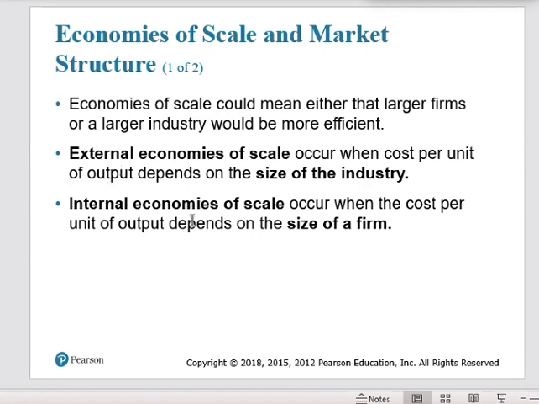Well, internal economies of scale happen when the cost per unit of output depends on the size of the firm. As we discussed before, the larger the size, the more you produce, then the fixed cost will be lower. I mean, the fixed cost is not lower, but the fixed cost shared by each unit of output will be lower. The more bread you produce, the lower the average cost will be, okay?